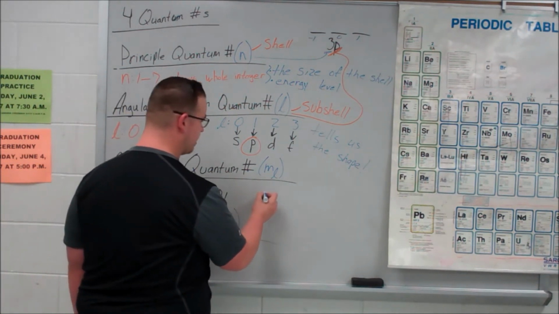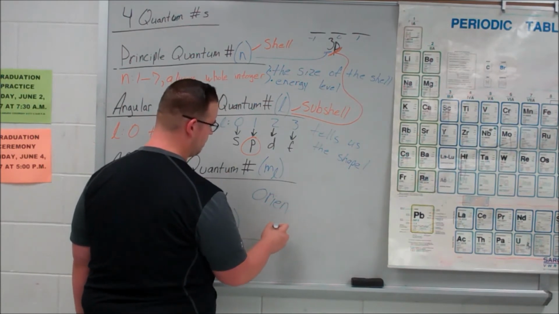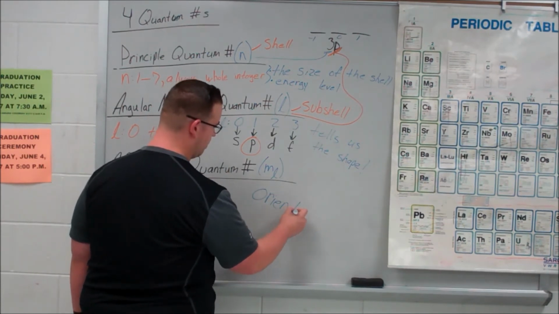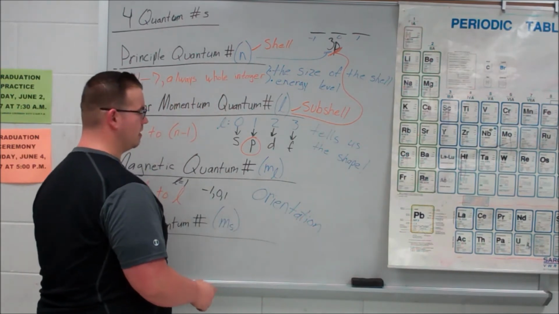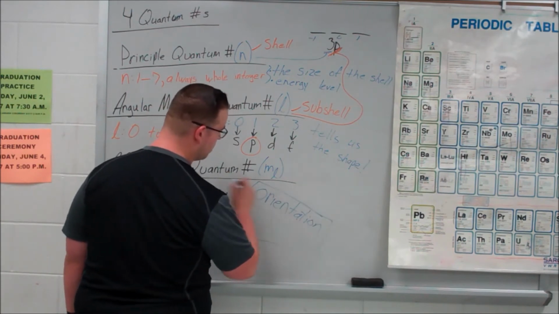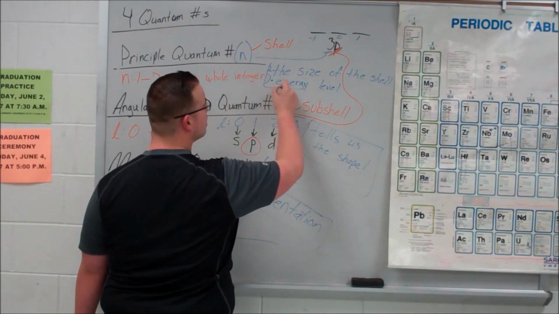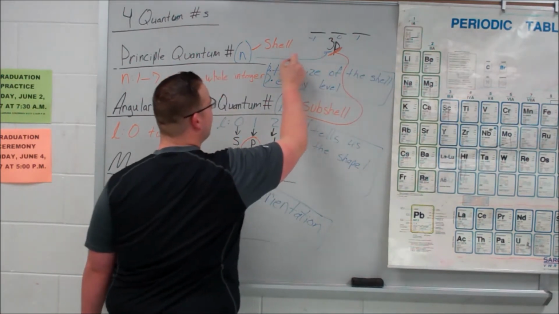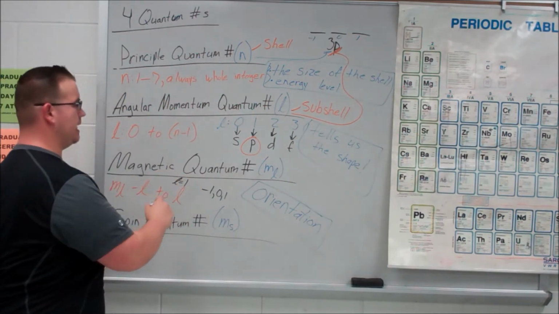Alright? Now the magnetic quantum number gives you a piece of information as well. It gives us the orientation. If I misspell this, I apologize. Oh well. Gives you the orientation. Okay? So, these orientations come from here.